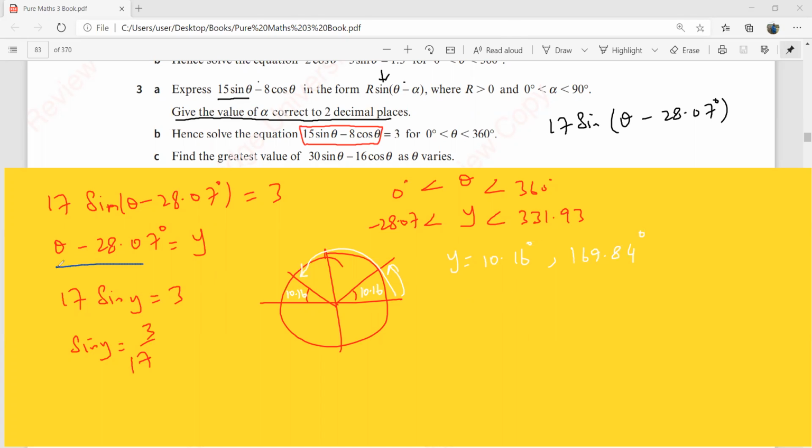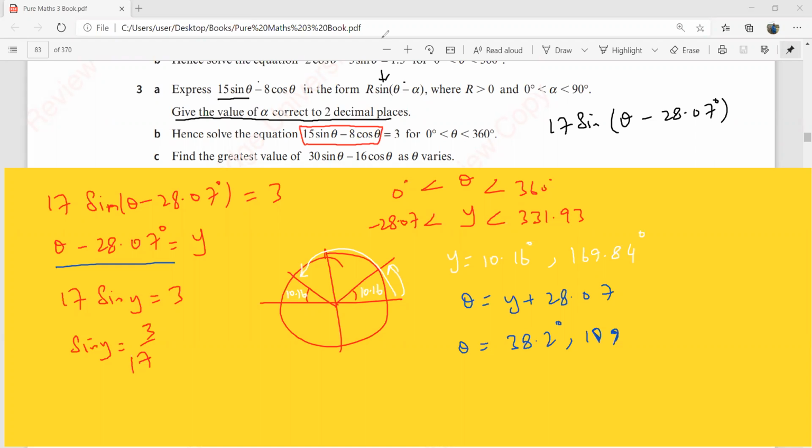So let's get back the values of this theta here. Using this relation, we have theta equal to y plus 28.07. So this is going to be 38.2, and this is going to be 197.9.